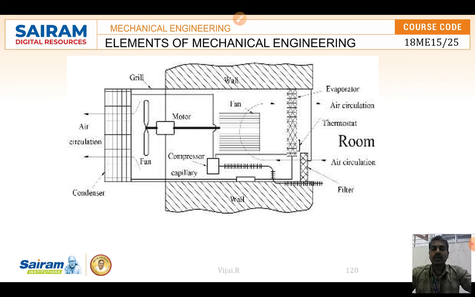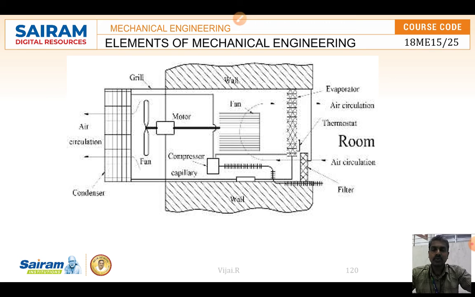Now we can see a sketch here: the outside of the room and the inside of the room. The condenser is outside, and the evaporator is inside the room. The evaporator side inside the room has a fan, and outside there is also a fan, with a motor that connects both the fans inside and outside.